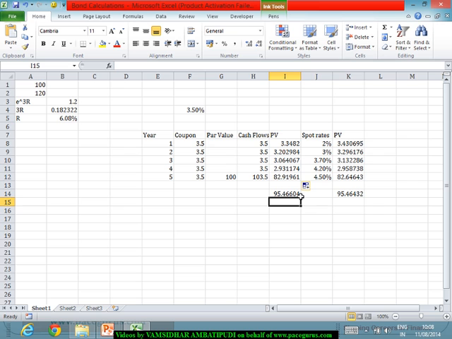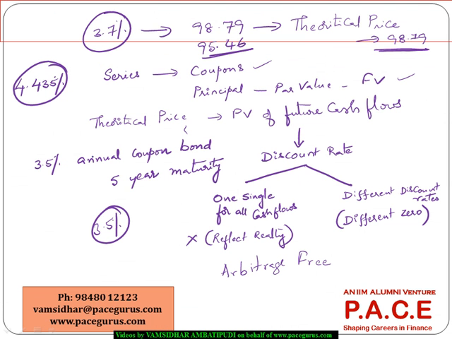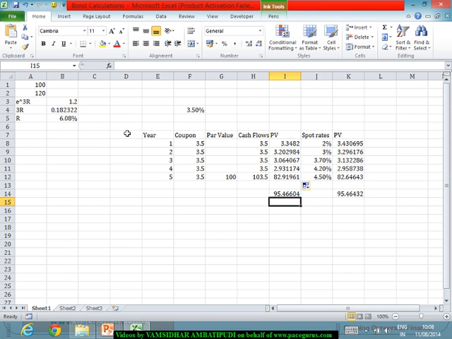So this particular 4.435%, which is that one single discounting rate, is applied to all the cash flows to equate the price to the market price.